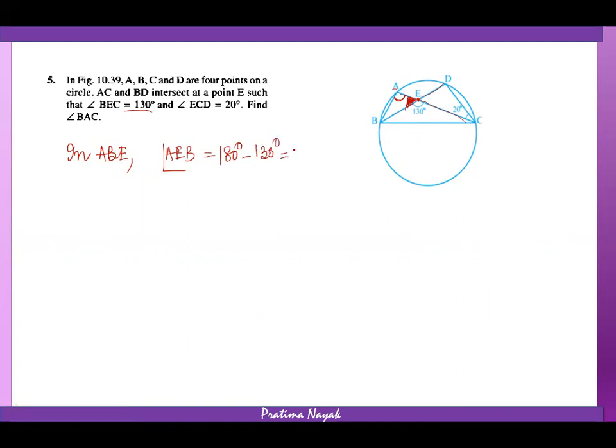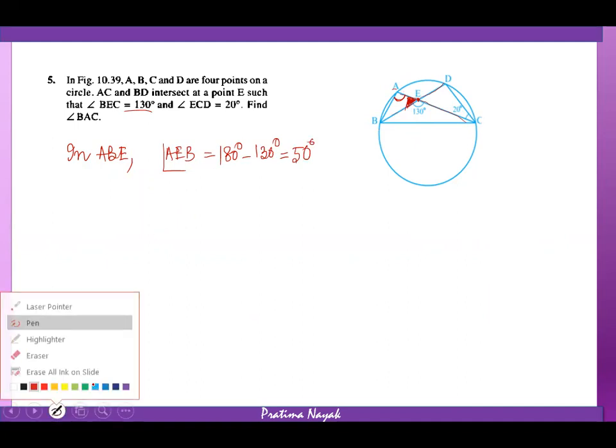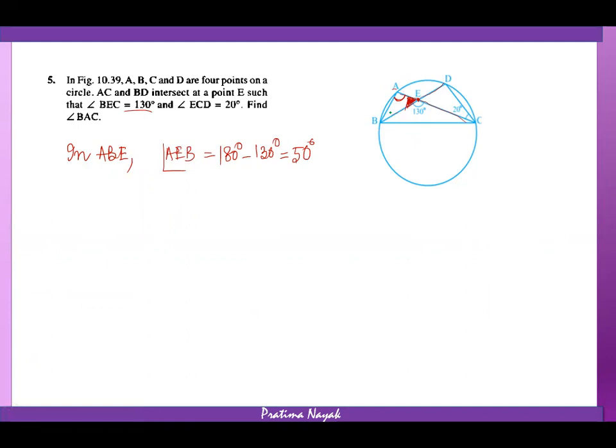That is equal to 50 degree. Got it? Next I'll come to ABE. ABE is same as your 20 degree. Why? Angle on same segment. Which segment? AD. On AD, you are getting ABD. On AD, you are getting ACD.